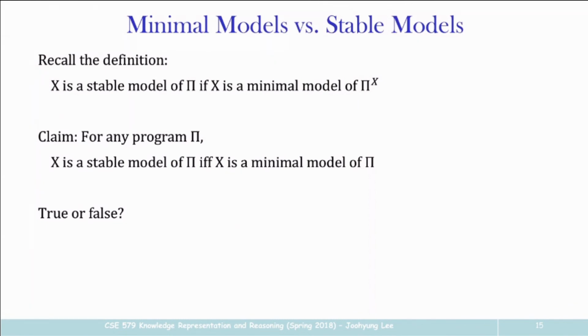Here's a claim that you can try: X is a stable model of pi if and only if X is a minimal model of pi. Note that this claim is actually true if the program is positive. But you'll see that this is no longer true when the program starts to contain negation. I already said this is false, so you can come up with some counterexample.